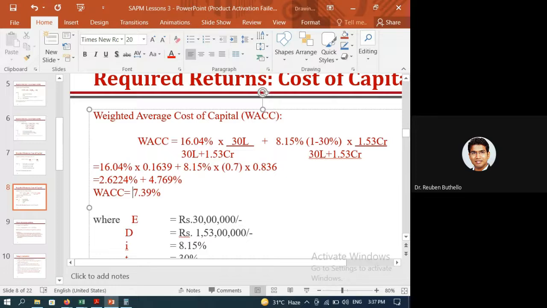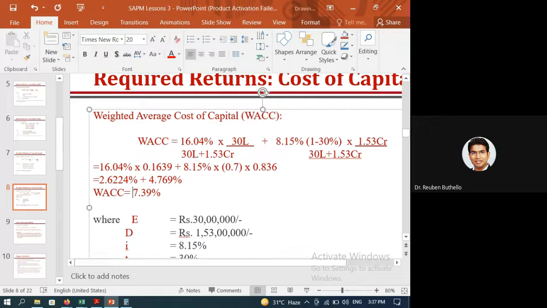Now, one of these is more expensive than the other. Which one is more expensive? It's equity. Equity is more expensive than debt.